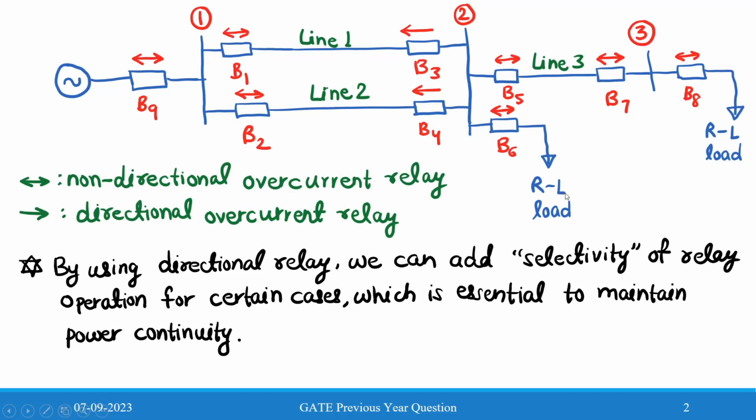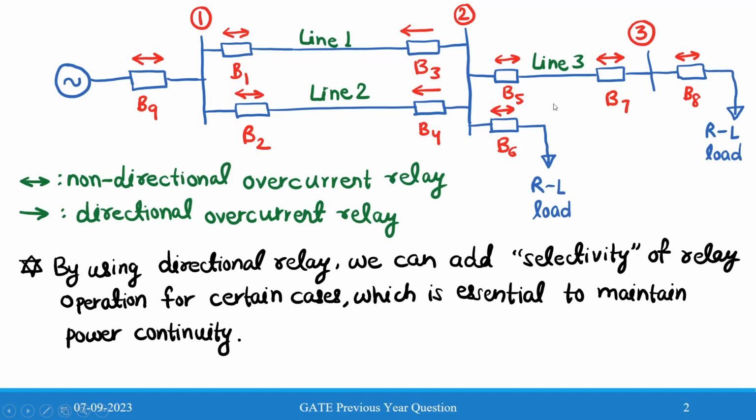So by adding directional overcurrent relays, we are giving selectivity for relay operation, which is essential to maintain power continuity. We can understand from a simple example. Suppose a fault occurs at line 1, then circuit breaker 3 will see the opposite current, so relay 3 will operate and relay 4 will not operate.